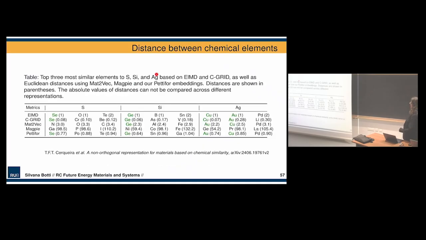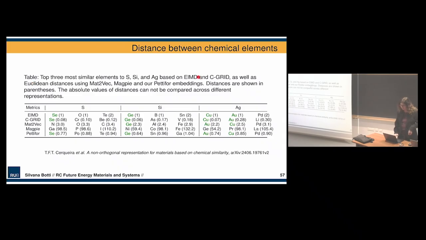So with our Petty-4 embedding we define, as I told you, this distance. Two similar compounds should be closer in this multidimensional space. We looked at these distances and compared them with other distances, because in the end we still have this Cartesian space, even if non-orthogonal, and we are just measuring Euclidean distances.